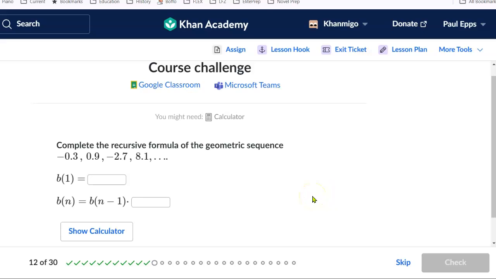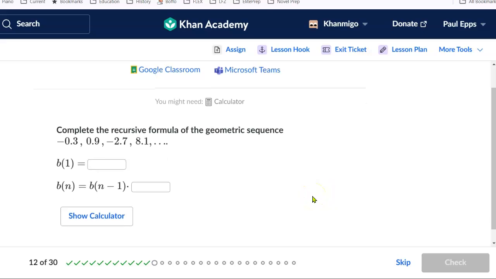Number 12. Complete the recursive formula of the geometric sequence. All right. Well, b of 1 is going to be the first element in the sequence. It's negative 0.3.